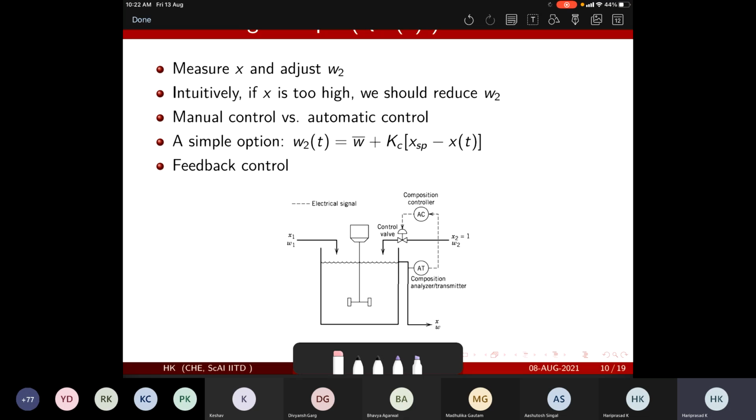So how does a sensor work basically? You might have seen various sensors, right? For instance, thermocouple, and so on and so forth. So the general operational principle of a sensor is that it would have a sensing element. Okay, so let's say this is a sensor. It would have a sensing element.